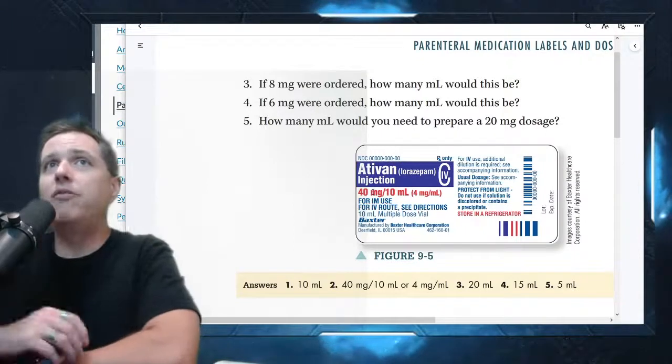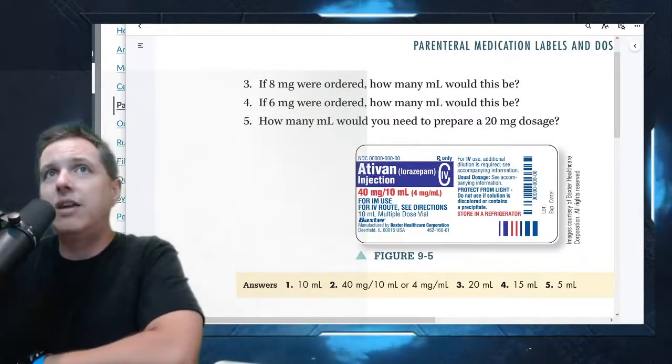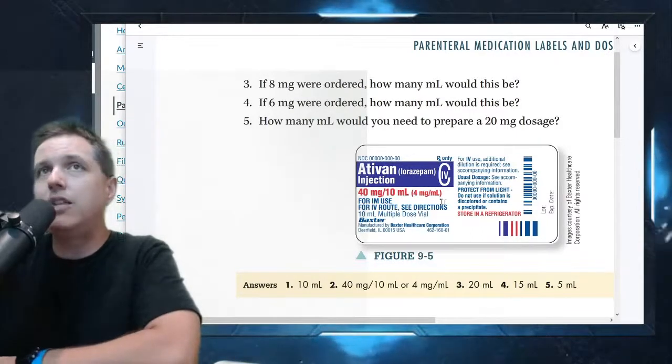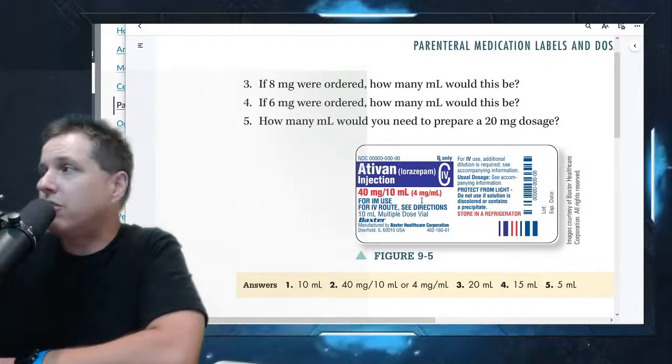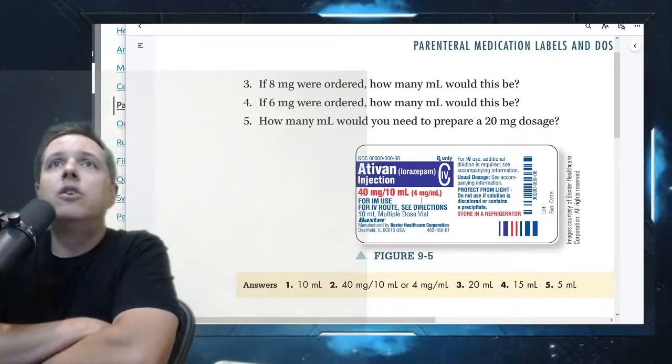So if Ativan is regularly given as 40 milligrams, then they might just tell you 40 milligrams per 10 milliliters rather than just automatically using the simplest fractional form, right?